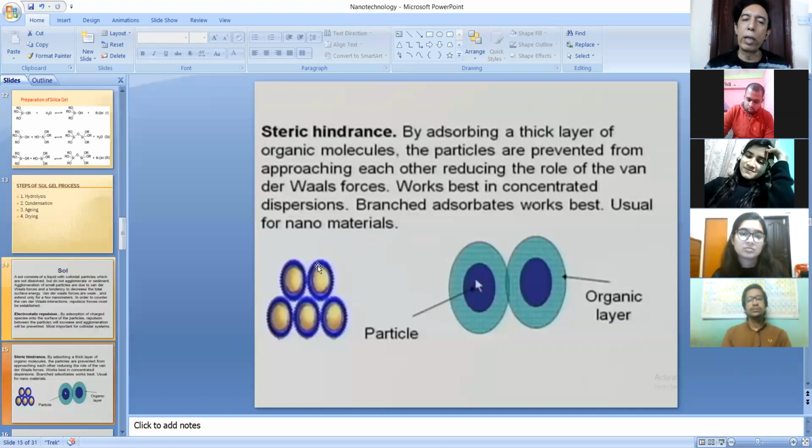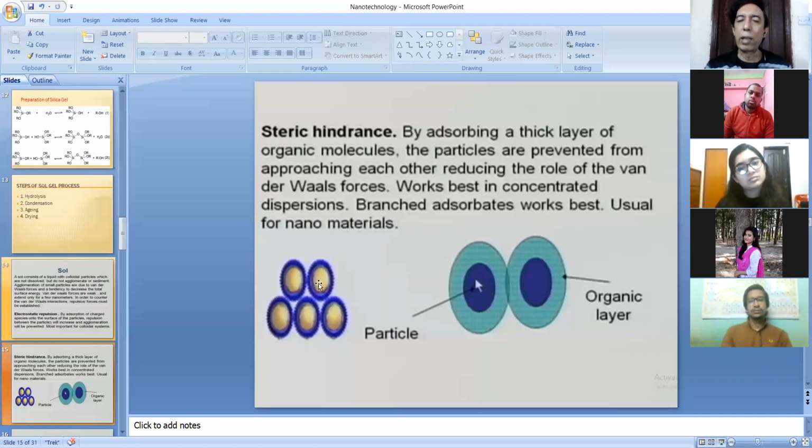This is an organic layer. Organic layer means a layer of organic compounds. So this is an inert organic layer and this is also an inert organic layer. They cannot attract each other and so they become separated.